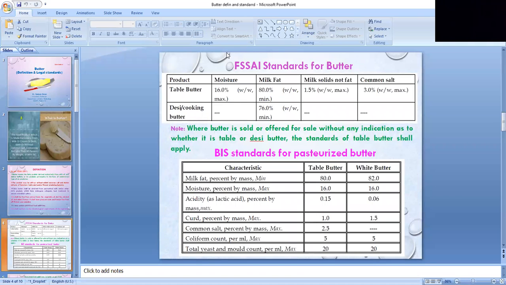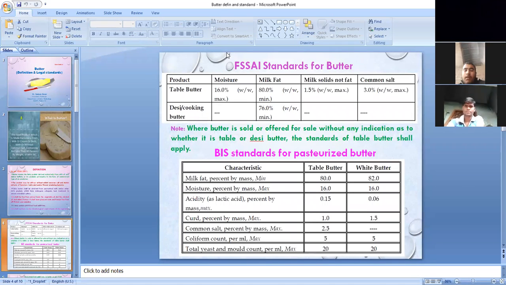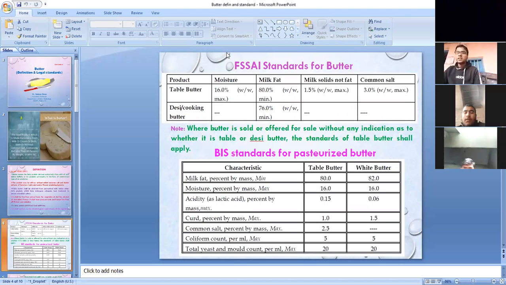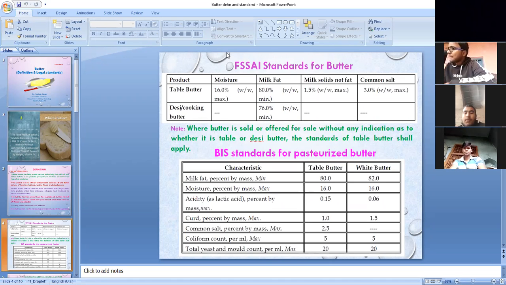Similarly, the curd present by mass in table butter is 1%, whereas in white butter the curd content is more than table butter, at 1.5%. Similarly, common salt is generally not added in white butter, but in the case of table butter, the common salt content should not be more than 2.5%.